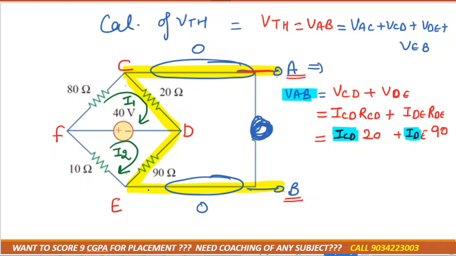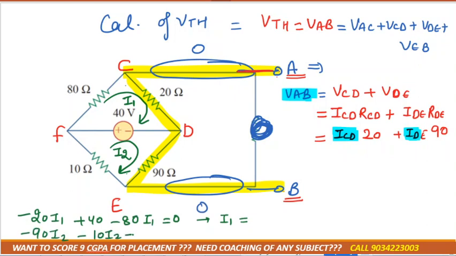Okay? So let's make the KVL equation. That would be minus 20 I1 plus 40 minus 80 I1 would be equal to 0. Can we get the value for I1 from here? Similarly, the second equation is minus 90 I2 minus 10 I2 minus 40 is equal to 0.